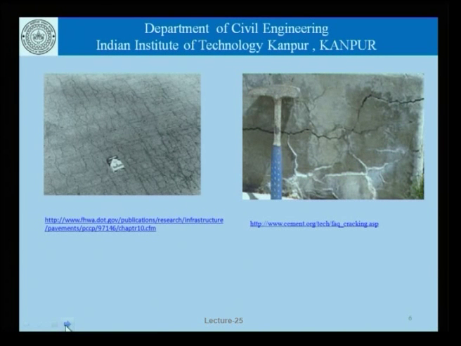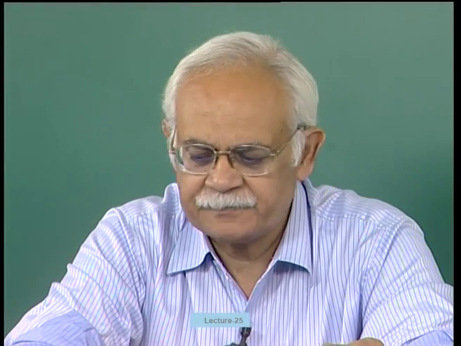We will go through the mechanisms a little bit in detail once again, but these pictures show us the kind of map cracking or an all round cracking that occurs in a structure when it is afflicted by alkali aggregate reactions. This is the picture from a pavement which was cast using concrete which had reactive aggregates.